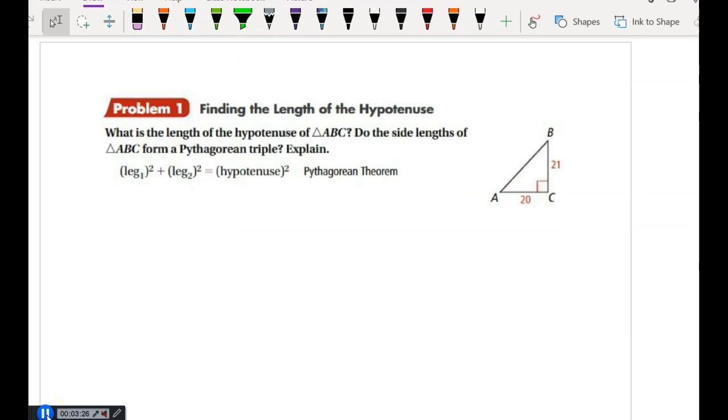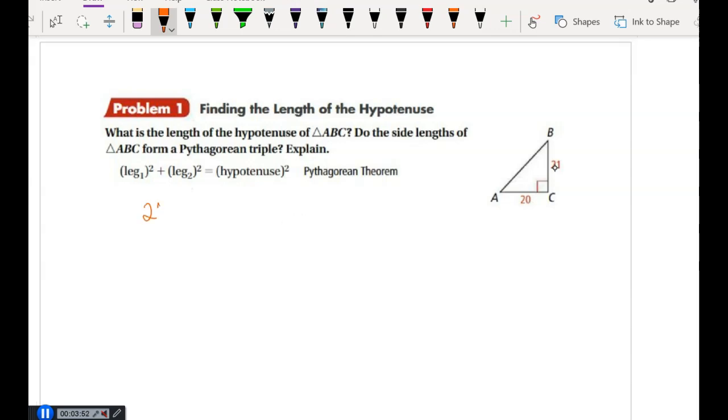Now the beauty of the Pythagorean theorem is if I have a right triangle, like I have here, if I have any two sides of a right triangle, I can find the length of the third side. And that's what it's asking us to do now. So let's find the length of AB. So I've got 2 legs.